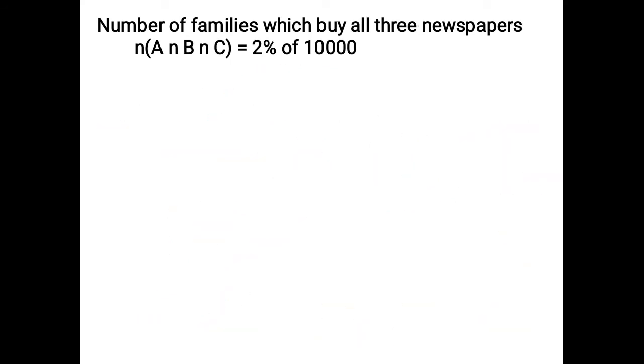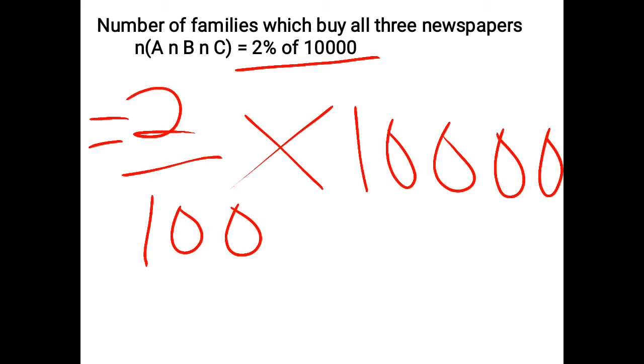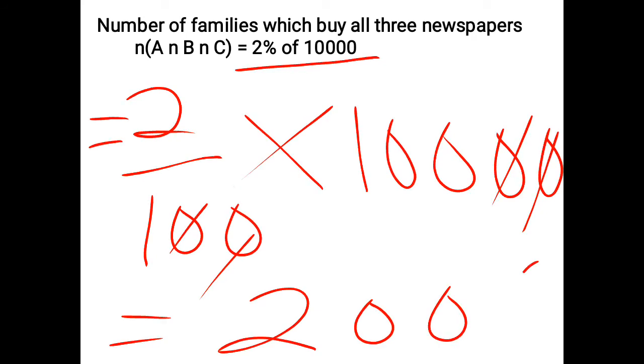And then we have number of families which buy all 3 newspapers. So A intersection B intersection C, the intersection of all, that is 2% of the total. So that is 2 over 100 times our total 10,000. These 2 zeros cancel those 2 zeros. So we have 2 times 100, which is 200 families. So our intersection of all is going to be 200 families.